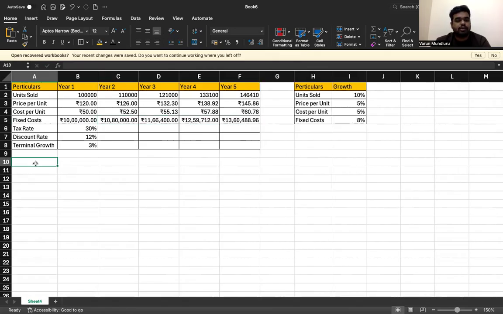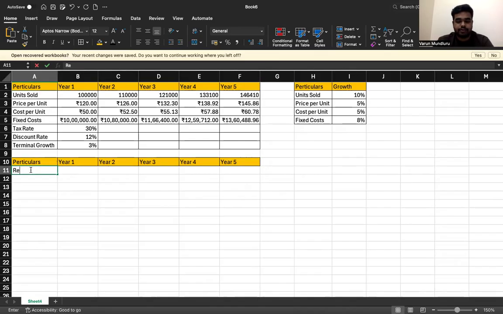Now we have got the required data for our next step, where we will be finding the revenue, gross profit, net profit, operating profit and everything. So for this, let's take the following particulars.